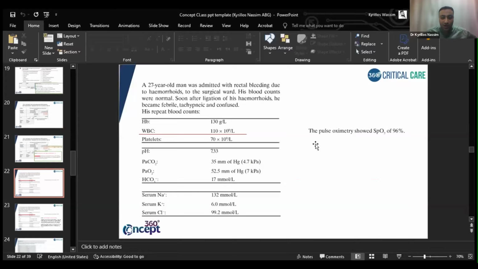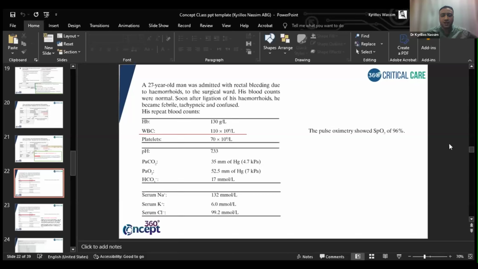Be aware of this question. It happened a lot in examination. It is a 27 years old man admitted with rectal bleeding due to hemorrhoids to the surgical ward. His blood counts were normal. Soon after ligation of the hemorrhoids, he became febrile, tachypneic, confused. CBC shows that white blood cells, marked with a red arrow, are 110.